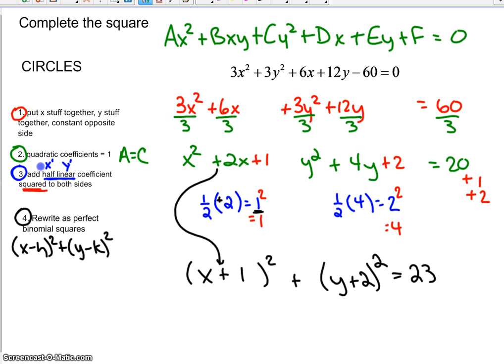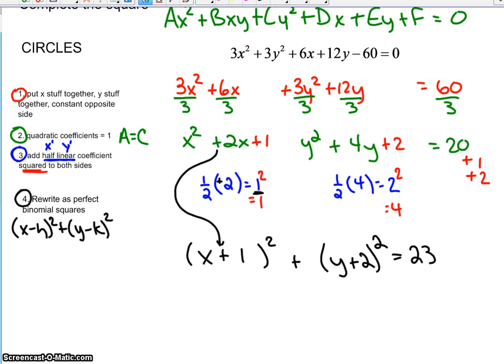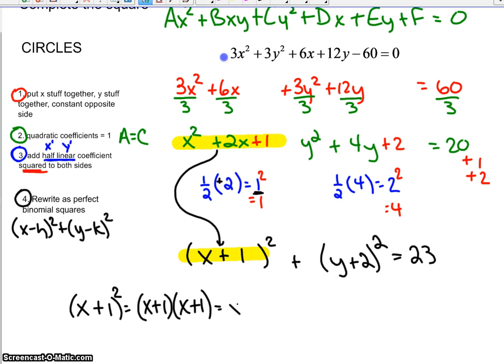But now I have my equation in standard form. One of the pieces that people will still struggle with is they say, well, what happened to a couple of things here? What happened to my 2? What happened to the squared piece? Remember, those two things are the same. x plus 1 squared is the same as x plus 1 times itself, which when you multiply that together gives you x squared plus 2x plus 1.